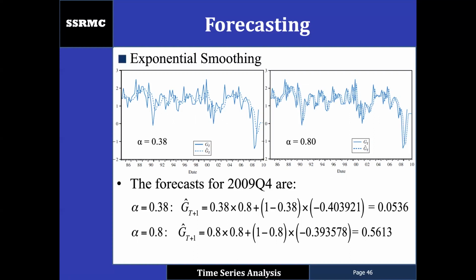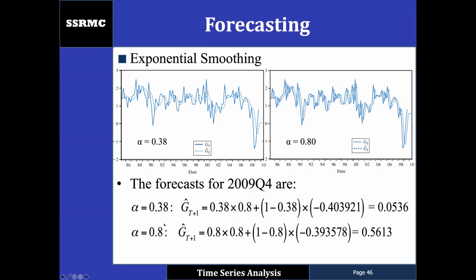The right-hand side is still the same set of data, same variable, but the smoothing parameter is 0.8, which means we put a lot more weight on the most recent observation. If you look at the dotted line, which is the 1 period ahead forecast based on the two different smoothing parameters, you may notice that in the first chart, the line is smoother than the second one.